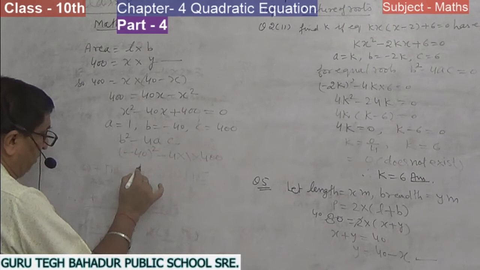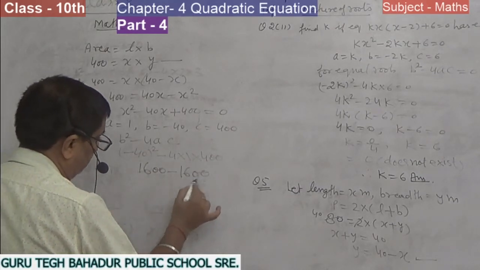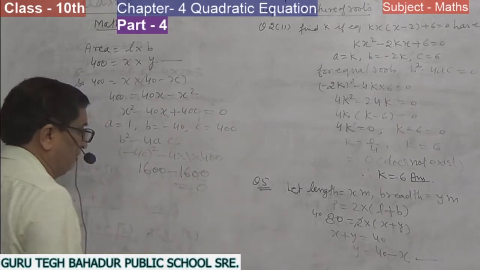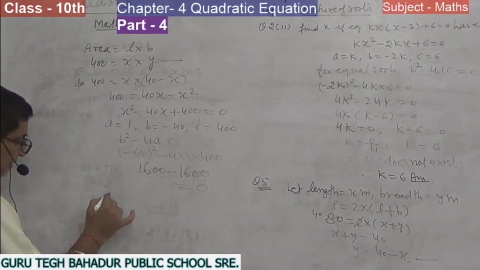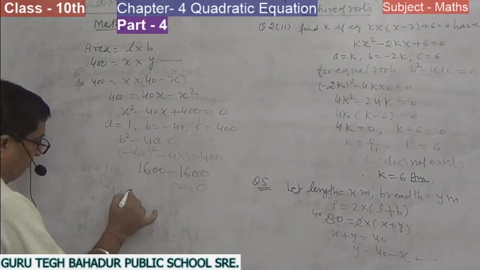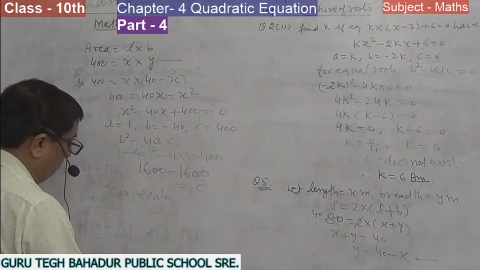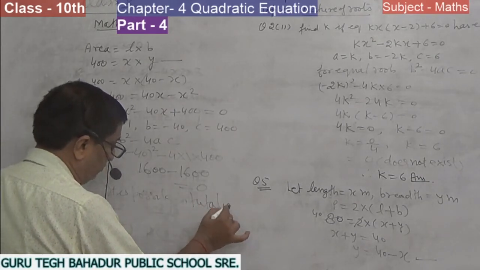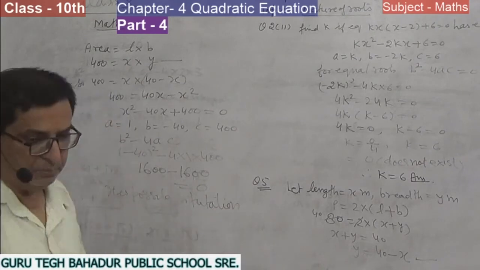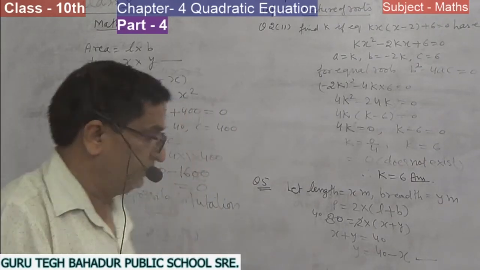So it will be 1600 minus 1600, that is 0. So it is a possible situation.